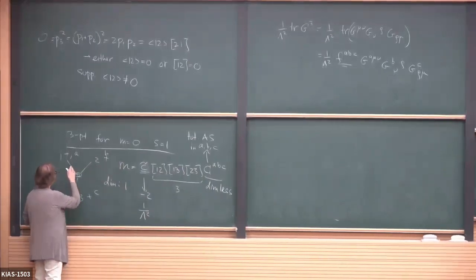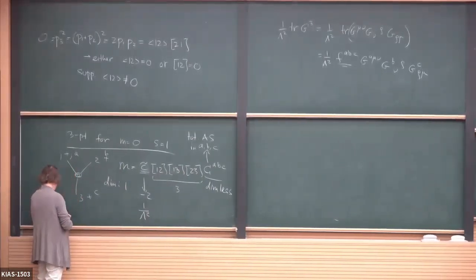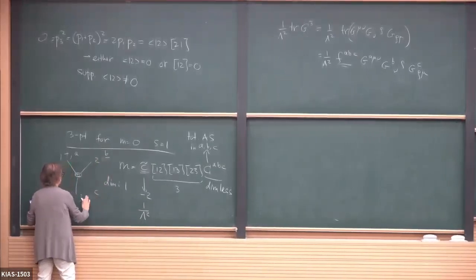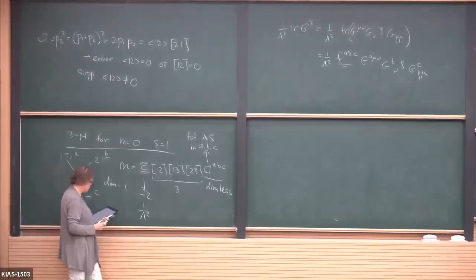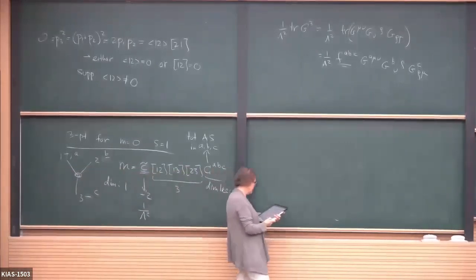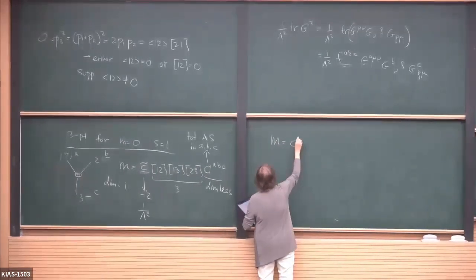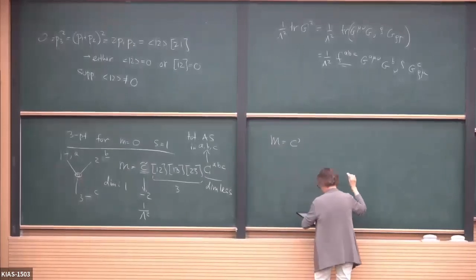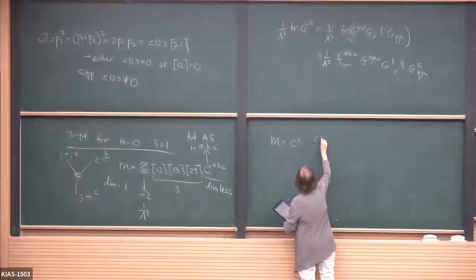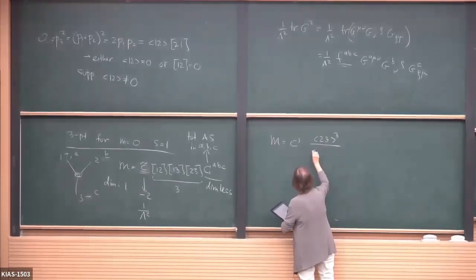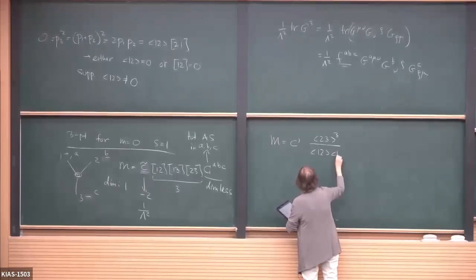Or we can replace a plus with a minus or vice versa. So let me change this one to a minus and this one also to a minus. In this case, our M is now, let me call it C prime, times ⟨23⟩^3 divided by ⟨12⟩⟨13⟩.